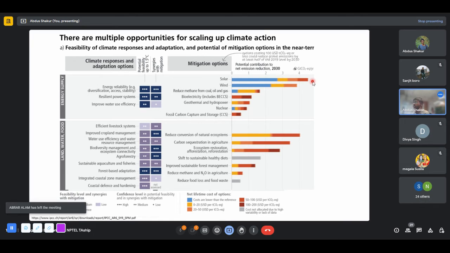That is much higher than wind energy. And yeah, it might be a little costly, but in the longer term, it's going to help us very much to reduce the effect of climate change.